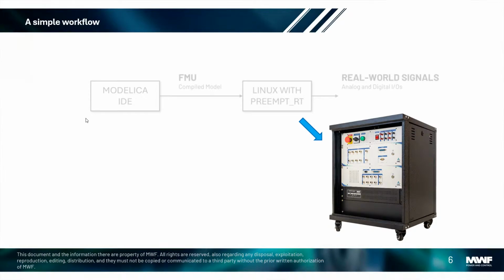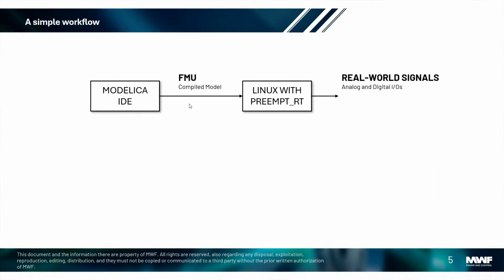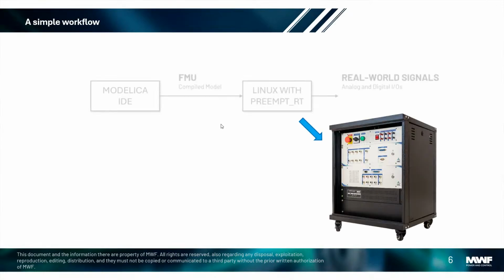I mean, we could generate the FMU and then adapt this FMU to run on Linux with real-time capabilities and communication with a data acquisition board, for example. But we have an automated workflow that allows one to generate an FMU and directly load it into this framework to run it in real time and interact with real world signals.